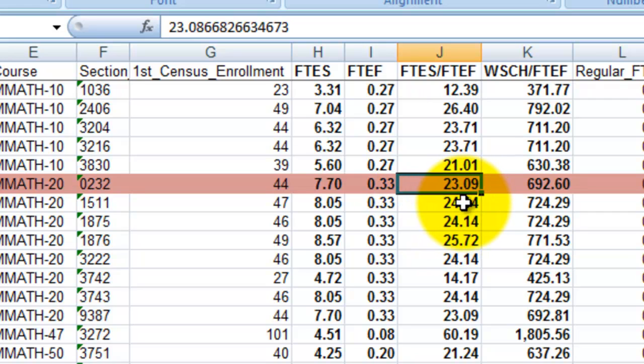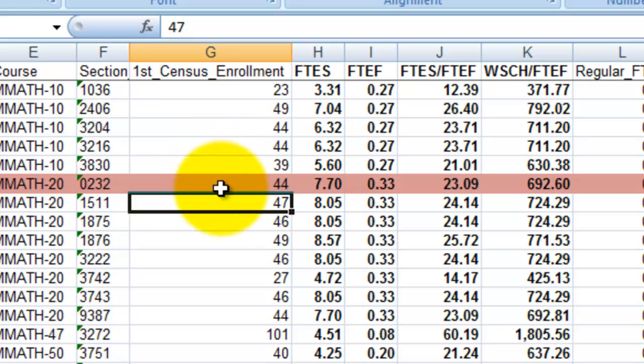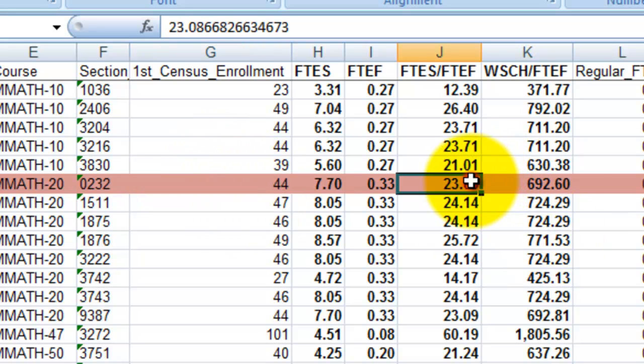I think I'll hit that more in a more thorough video, but this 23.09, if you double it, gets you 46, which is kind of the weighted average, in a sense, of the enrollment here, because we're in a compressed semester. And because of that, we gather a little bit more apportionment than our enrollment would dictate. So this class here is 24. You double it, you get 48. And so in a sense, because of the compressed calendar, we're getting an extra person out of enrollment, more or less.